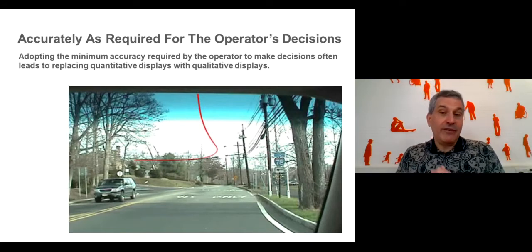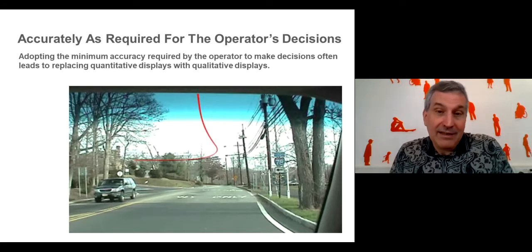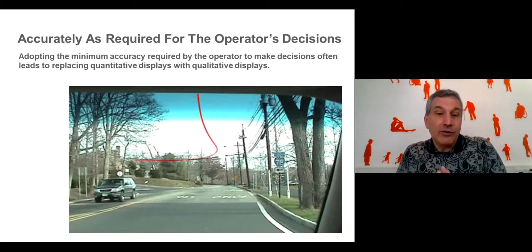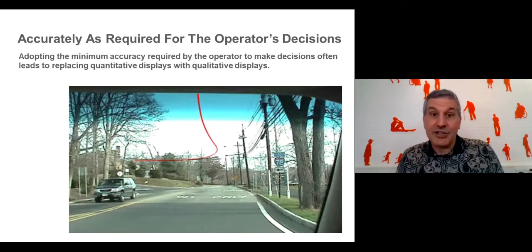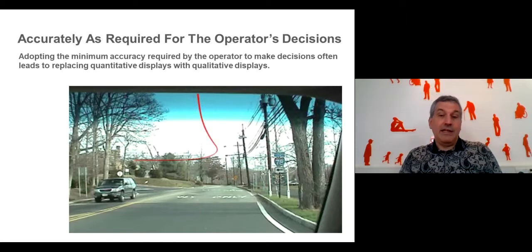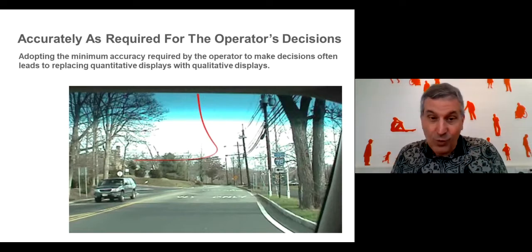If I'm sitting in my living room planning the trip, I guess the map probably is the best way to look at things and figure things out. But when I'm actually driving, is a map on a screen that I have to keep looking at, deviating my eye glance and my attention off the road, really the best way to do it? And it may prove in the future that it wasn't.